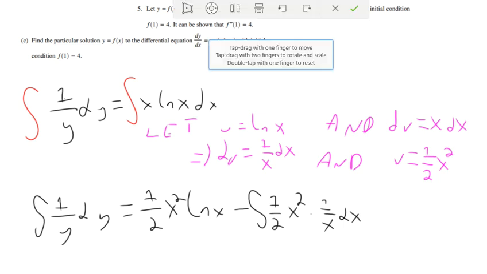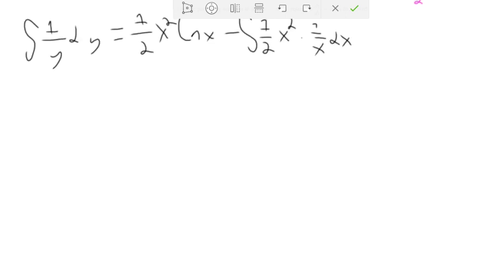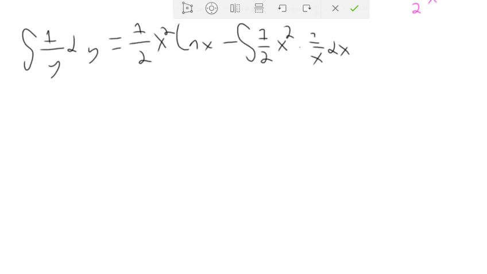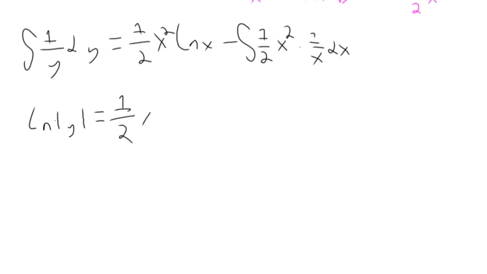All right, let's get some more space here. Okay, let's do this right here. We have natural log absolute value of y. And I'm not going to put down plus c here. I'm going to put down a plus c on the other side. We have 1/2 x squared natural log of x minus, let's see, I'm going to bring the 1/2 outside of the integral.